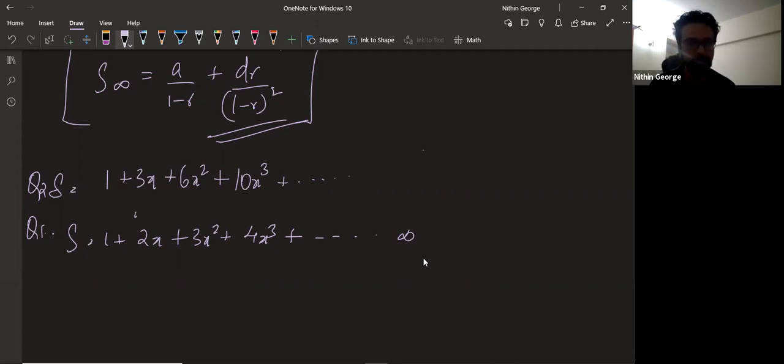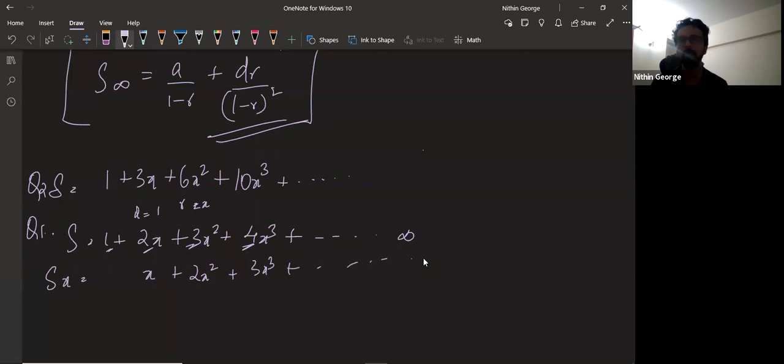You notice that d is equal to 1 here. There is an arithmetic part here, the AP part. Now, r will be like x square, x cube and all. So r is x. Now start solving it. What do you do next? S into r, which is S into x, will be x plus 2x square plus 3x cube all the way up till infinity.